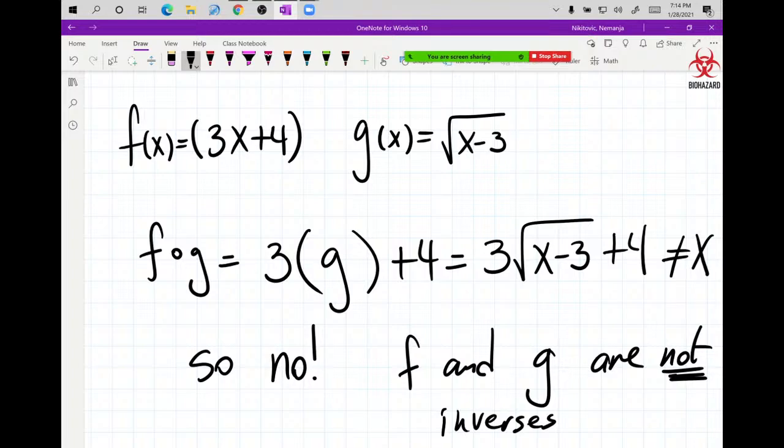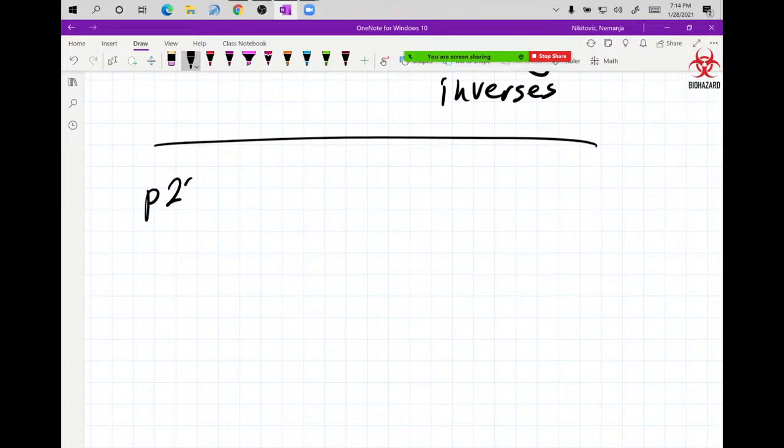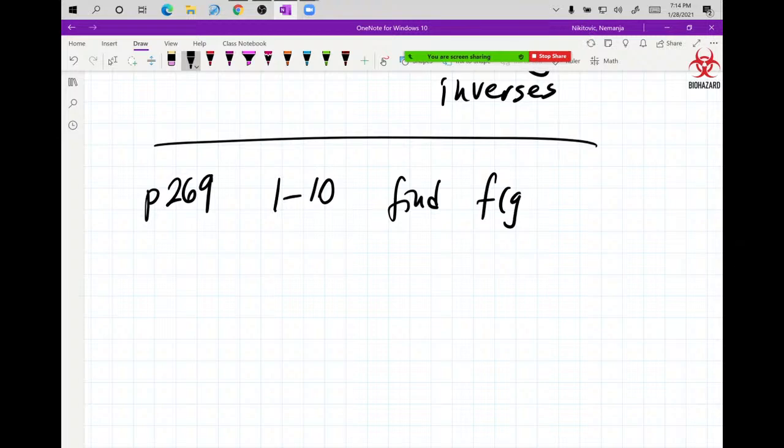Now I'm going to quickly jump over here. On page 269, problems 1 through 10 say, find f of g of x and g of f of x to check if the two given functions are inverses of each other.